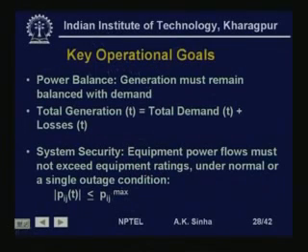So, one of the key operational goals, as we said, is power balance, because generation must balance with the demand. That is, when I switch on, the generation must go up, but how does a generator see that you have switched on your device? It doesn't know. So, this kind of indication comes to it by means of a drop in frequency.